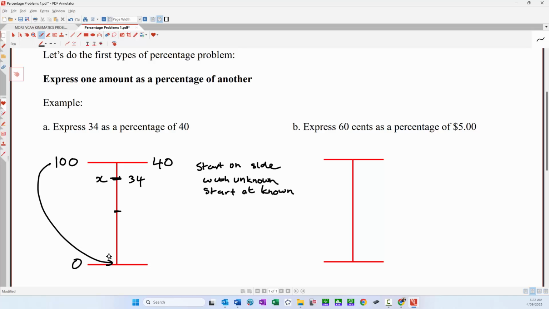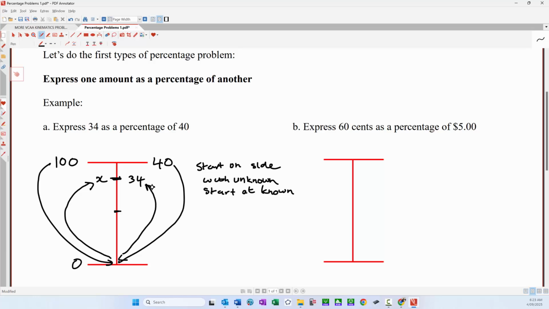Then you climb back up from the known to the unknown. So start with the known, down to 1, up to x. Here's what you do next. You copy the same directional arrows over on the right hand side. So we put a directional arrow down to there and a directional arrow up to there.